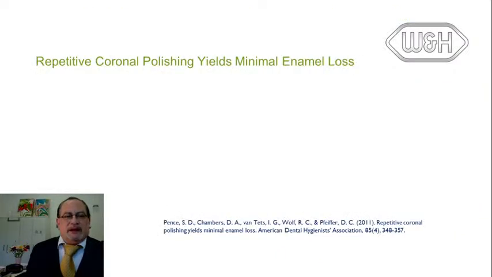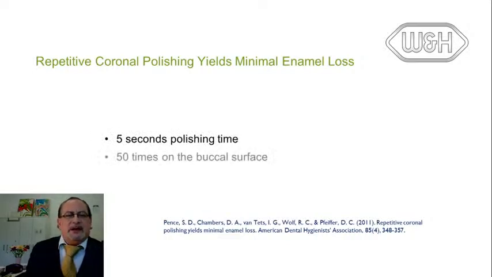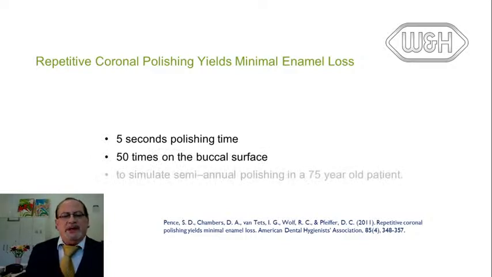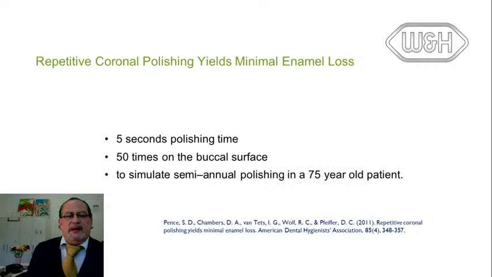So they imitated repetitive coronal polishing, 5 seconds per surface and 50 times on the buccal surface, in order to simulate a semi-annual polishing in a 75-year-old patient that had the diagnosis of periodontitis at the age of 50.